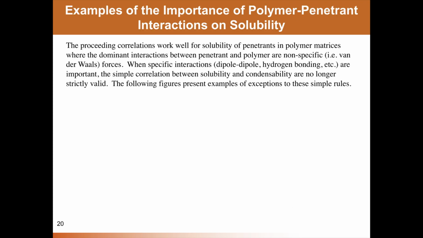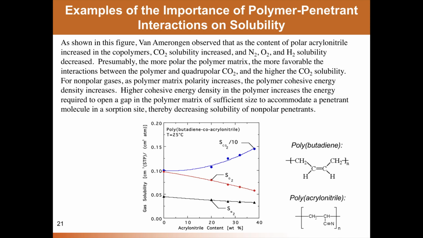This approach works well for solubility of gases when there are no strong specific interactions, such as dipole-dipole, hydrogen bonding, etc., between penetrant and polymer. And when these specific interactions become important, then the simple correlation I've just shown you can break down.